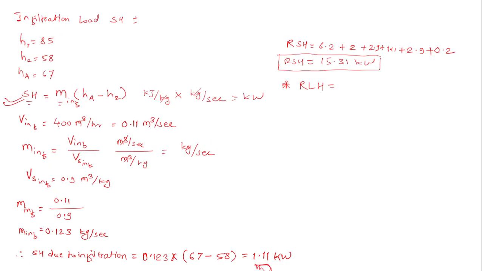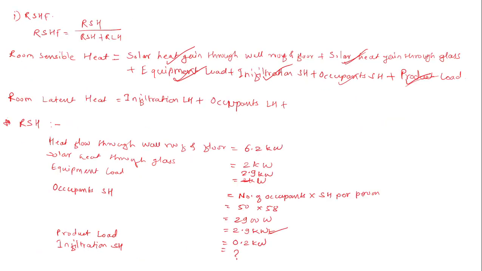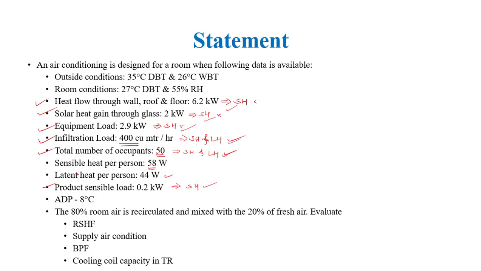So first I will find the occupant latent heat, which is the number of occupants into the latent heat per person. The number of occupants is 50, into the latent heat per person.